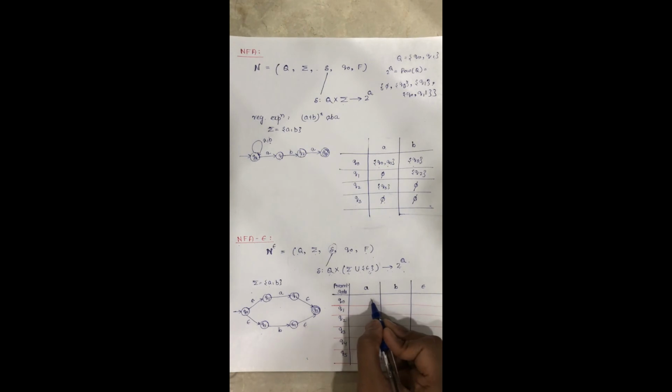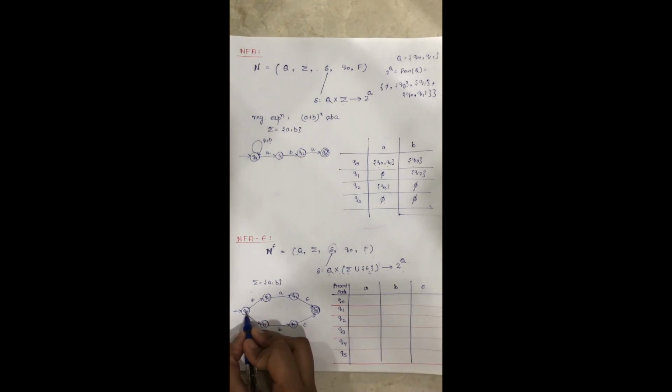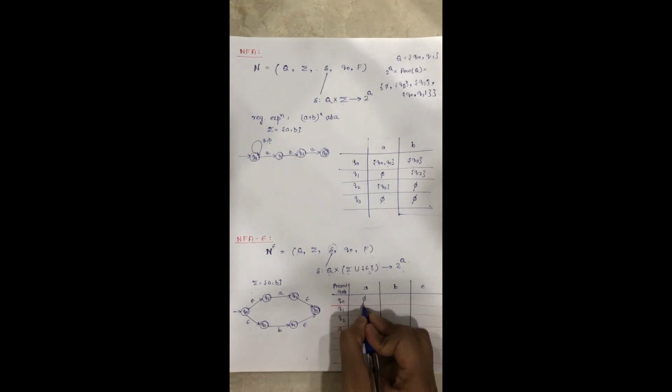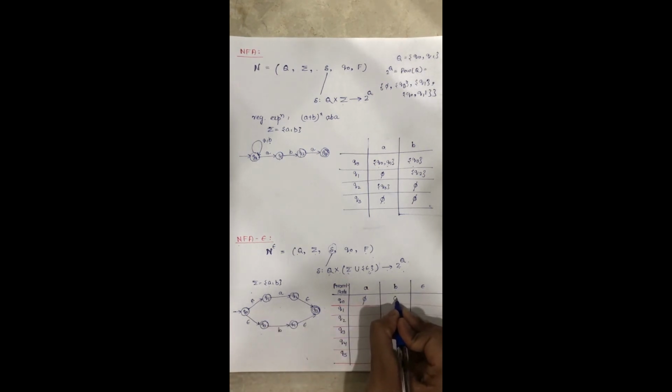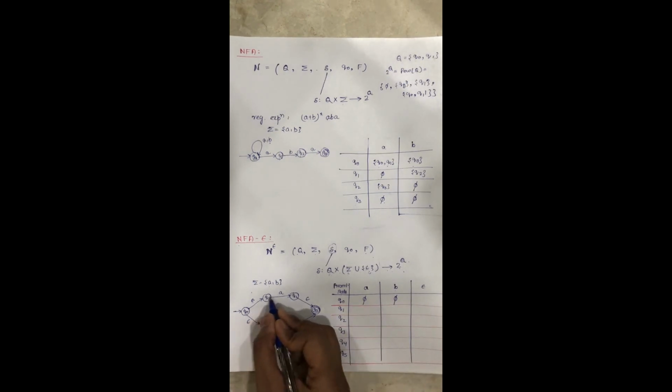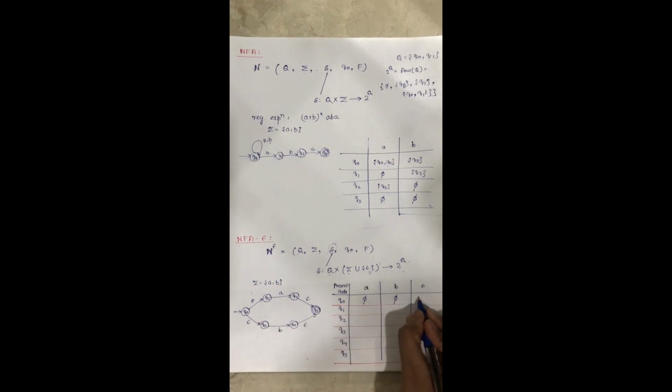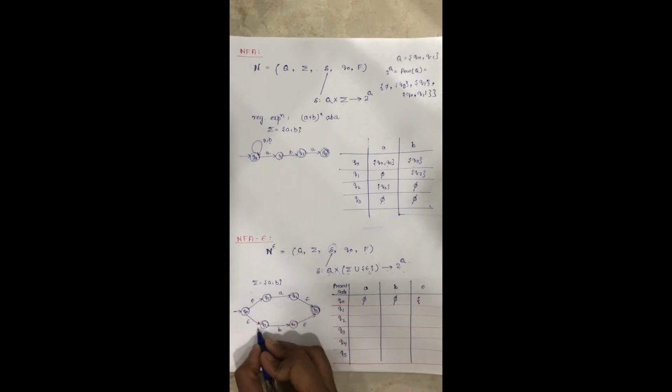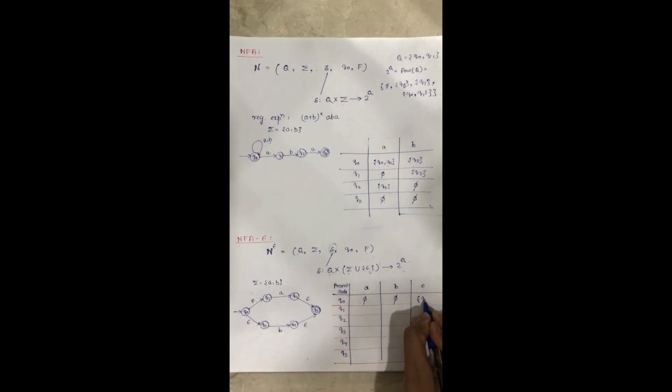Right. So now see, at q0 for input symbol A, there is no transition, so we'll write phi here. For B, there is no transition, so we'll write phi. Now for epsilon, there are two states, Q1 and Q3. So here we will write an element of the power set of Q, like Q1 comma Q3.